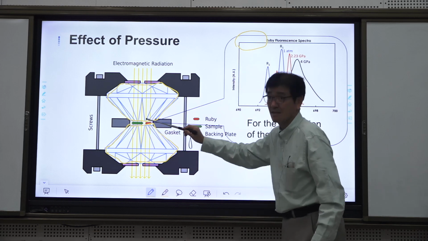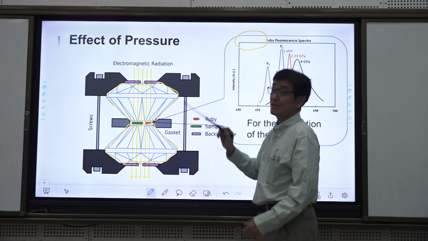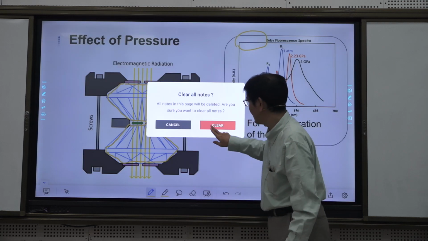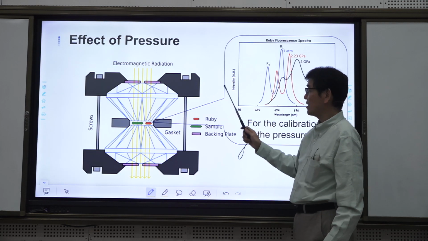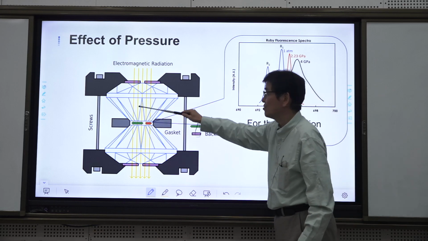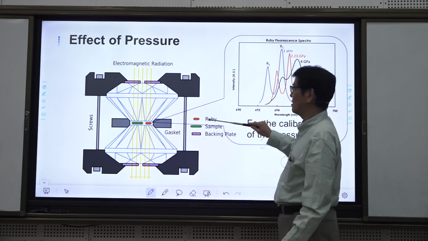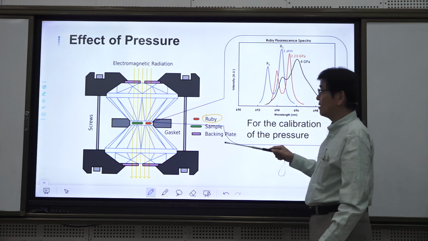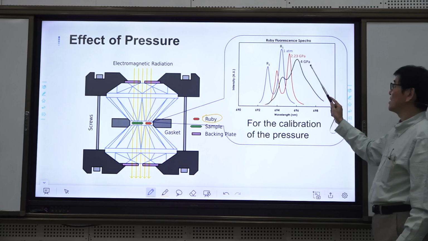But anyway, it's hard enough to resist high pressure. So this is the so-called diamond anvil cell. They put the sample between the two diamonds and put ruby for the reference. Ruby is a reference to indicate the pressure.